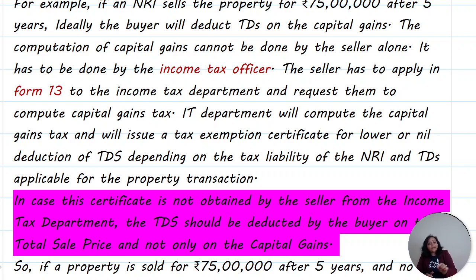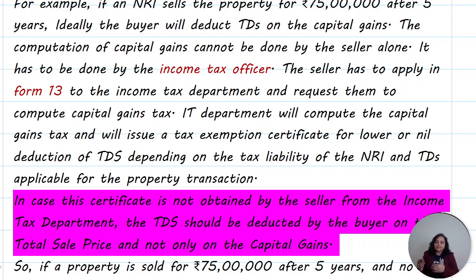Now, if you fail to get this certificate, if you do not apply and do not get this certificate from the income tax department, TDS will be deducted by the buyer, not on the capital gains, because the authority of calculating those capital gains is your income tax assessing officer. Correct?